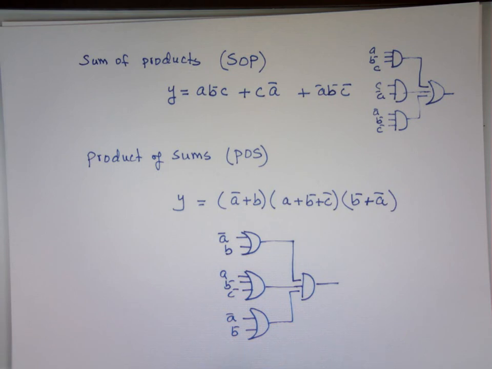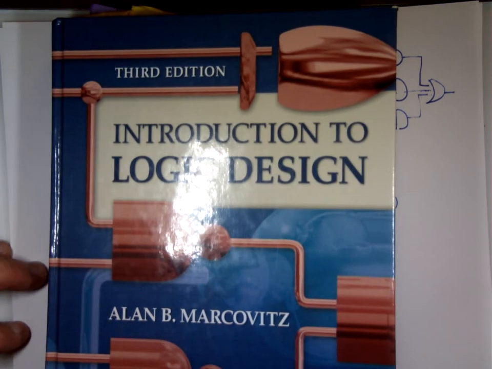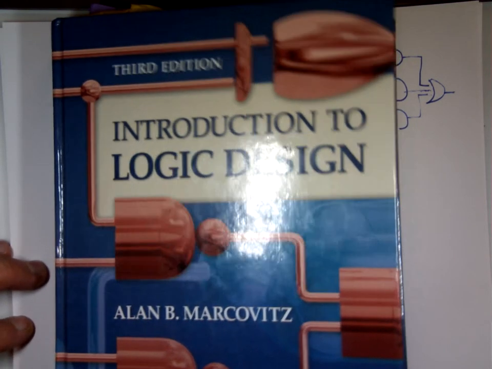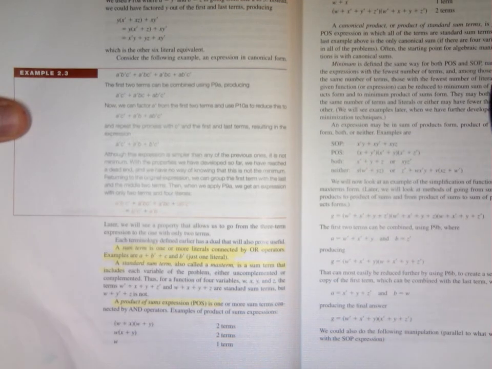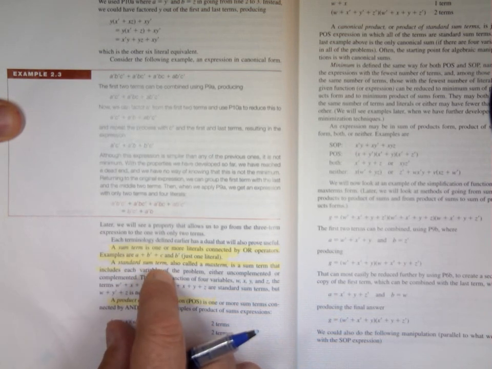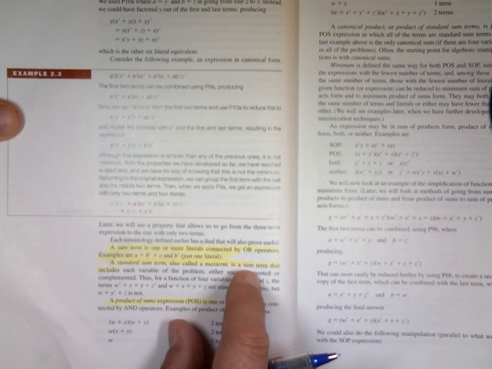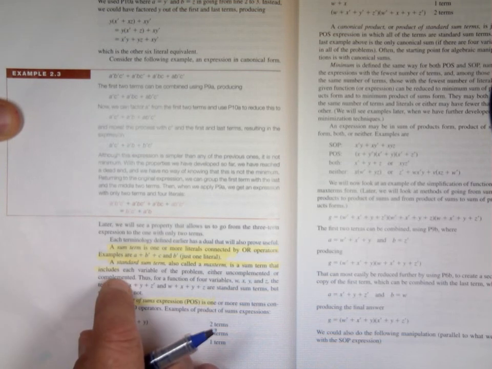Notice here just quickly, I highlighted a few things from the book, our book, in case people are wondering what book we're using. It says, a standard sum term, also called max term, is a sum term that includes each variable.